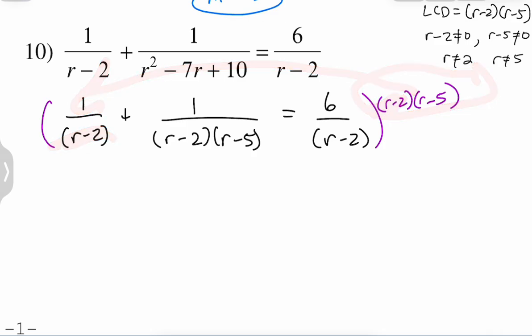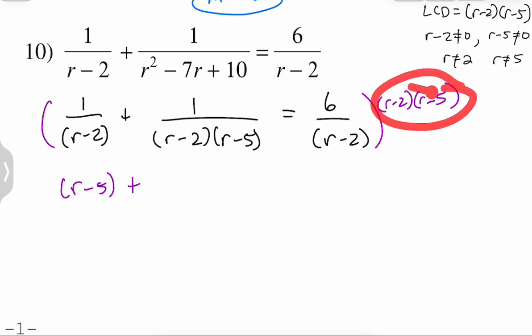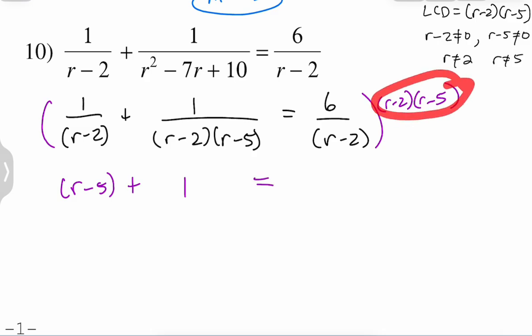They're gone. So we're just left with our r minus 5. In this particular one, if it's sitting there, the r minus 2's we get to scratch out. The r minus 5's we get to scratch out. We are just left with a 1. And then if we do this one, the r minus 2 scratched out, we are still left with a 6 and an r minus 5.